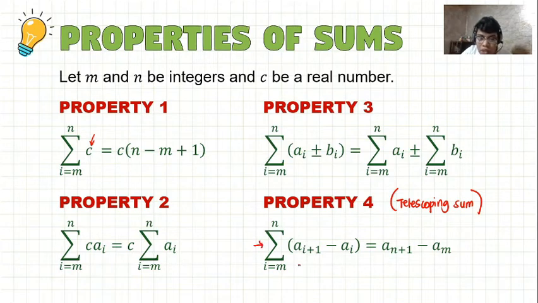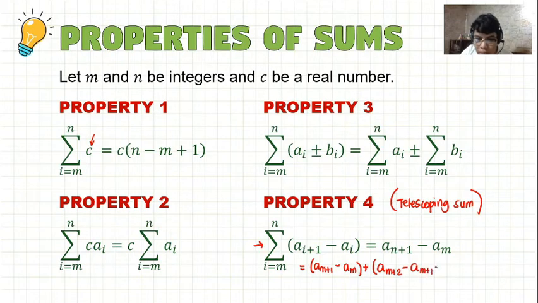So, this is just equal to, we will start at a sub m. So, we have a sub m plus 1 minus a sub m, right? Plus, then m plus 1 is the next, so that is a sub m plus 1 plus 1. So, you have a sub m plus 2 minus a sub m plus 1, right?